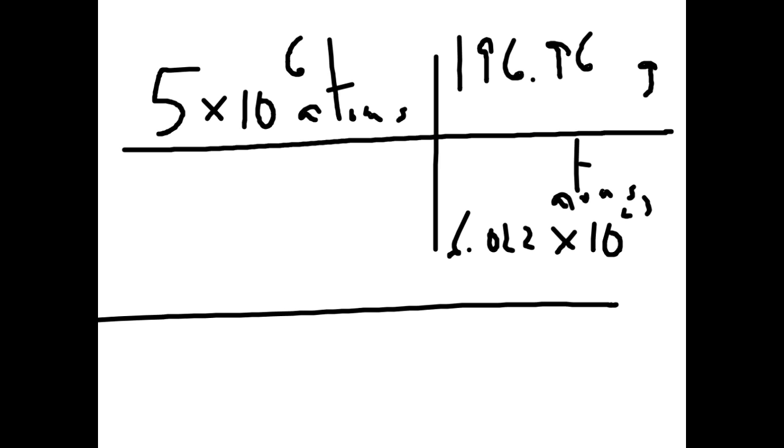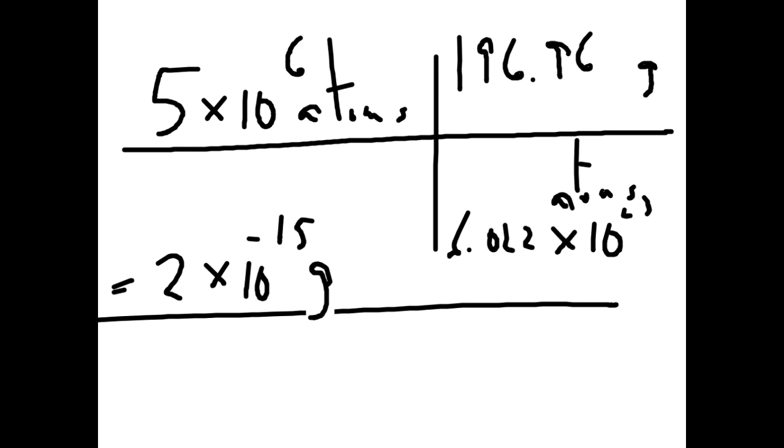I think they were plugging it all in and many got 10 to the negative 31. Anybody get 10 to the negative 31? You can easily if you don't follow the order. So the correct answer should be 2 times 10 to the negative 15 grams.